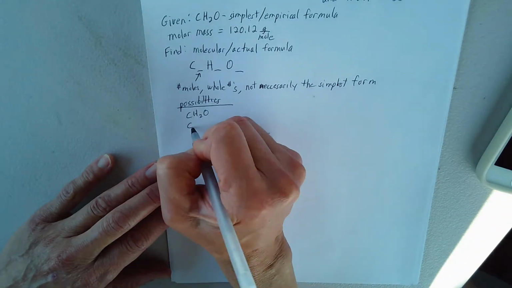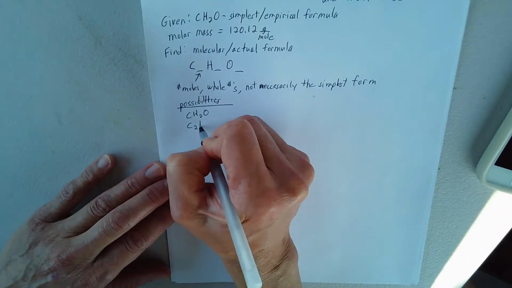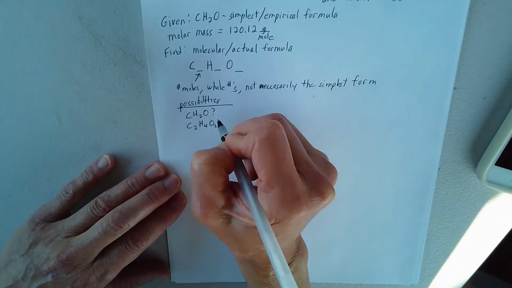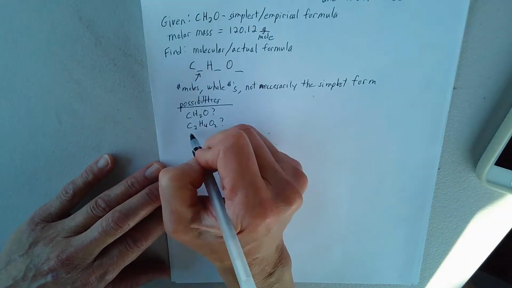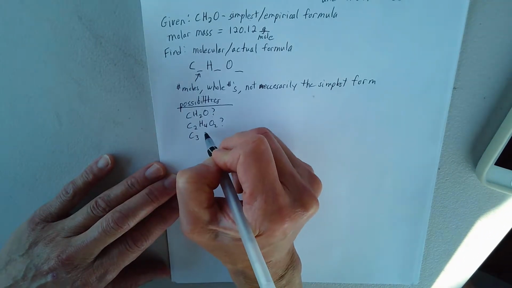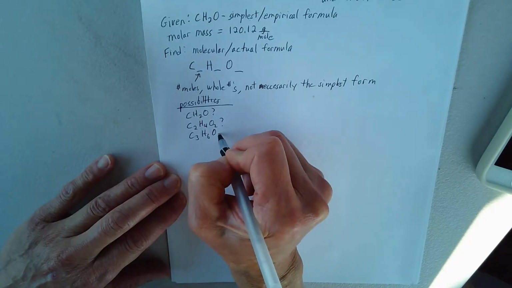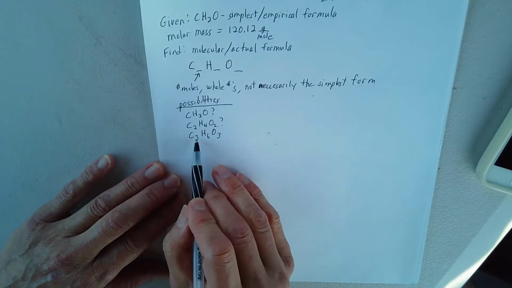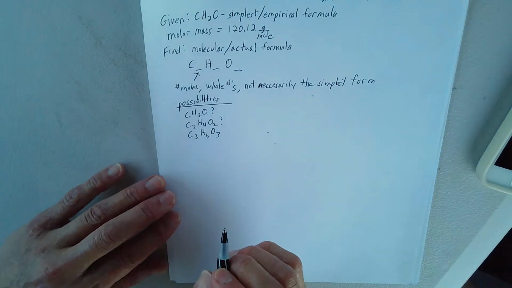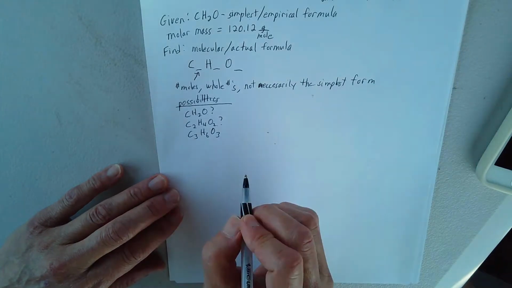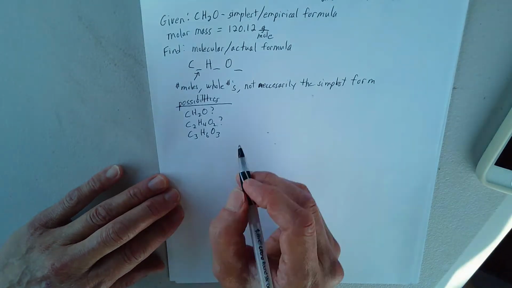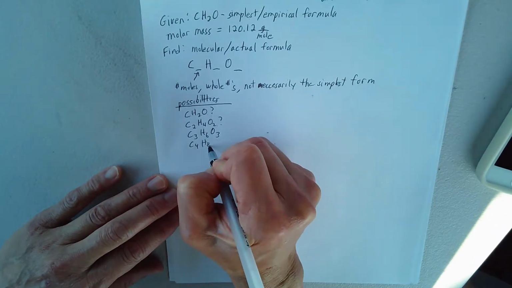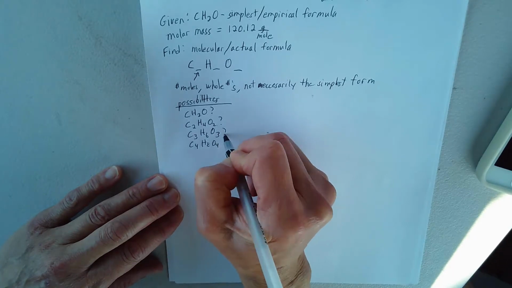Another possibility would be C2H4O2, and yet another one would be C3H6O3. Notice how we multiplied each subscript by 2 over here, each subscript by 3 over there. And when you do that, the ratios remain the same, even though you have a different formula. Let's throw in one more: it could also be C4H8O4. We just don't know.